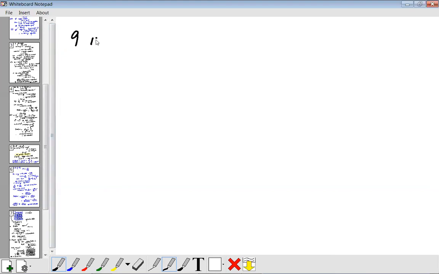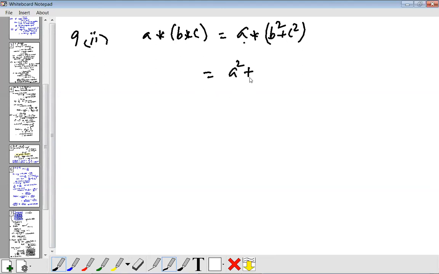9.2. We are now looking at A star B star C equal to A star, B star C, meaning B squared plus C squared. Now A star that, meaning A squared plus B squared plus C squared whole squared.